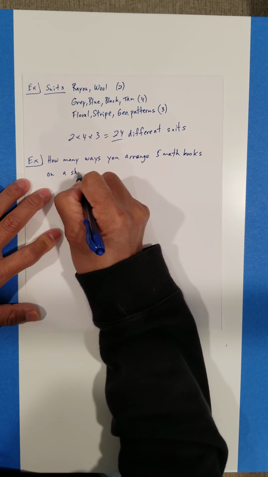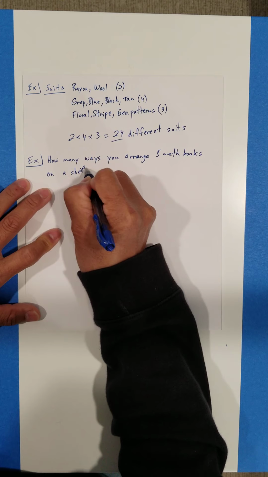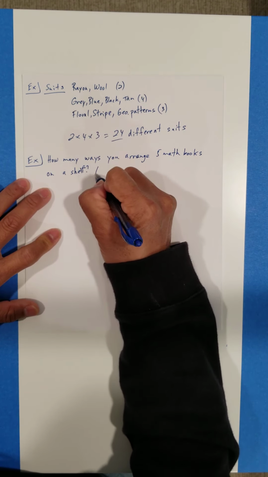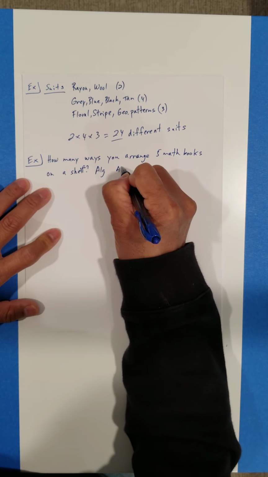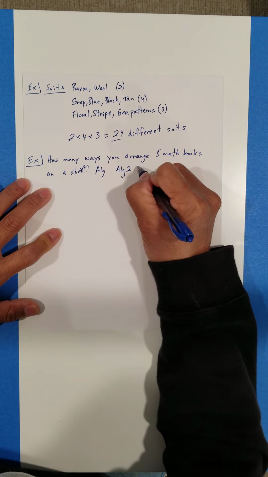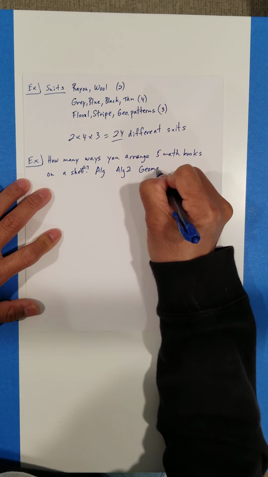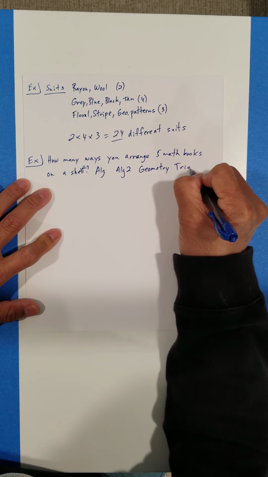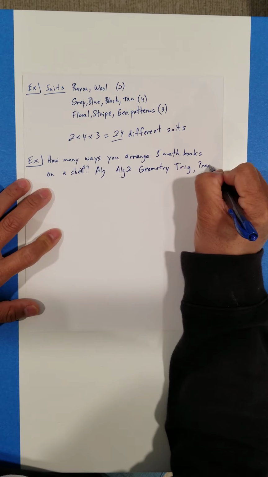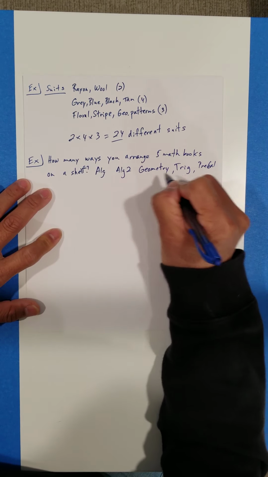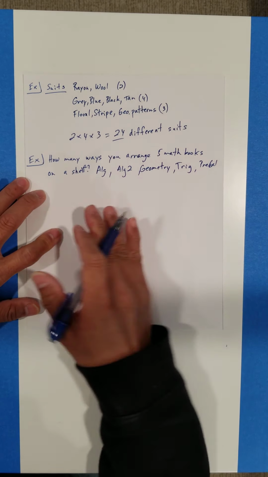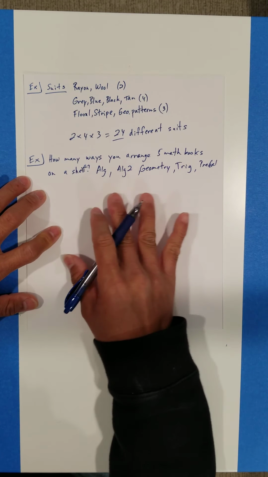So let's say you have an algebra book, an algebra 2 book, a geometry book, a trig book, and a pre-cal book. Okay, so these are 5 books. So how many ways can you rearrange these on a shelf?